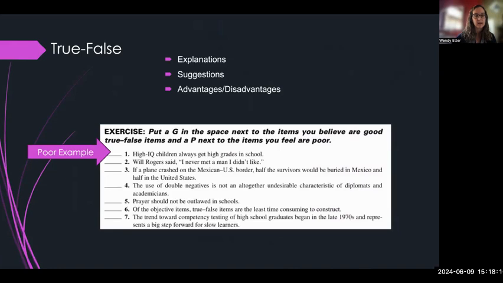And if you don't have the data to back it up, it could be argued. So it may not be an absolute true or false. However, number 6 was a good example. Of the objective items, true false items are the least time consuming to construct. It means they're the easiest for the test writer to write and be able to prepare.